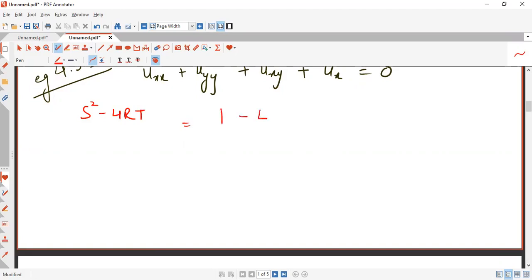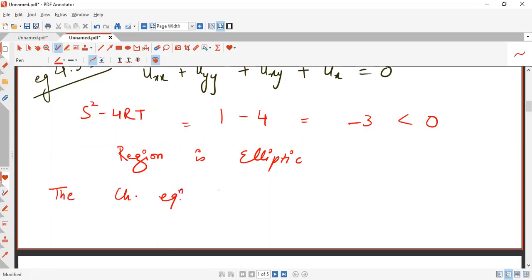In fact, 1 is the coefficient for all the three values, right? Region is elliptic. What are you going to do? Find out the characteristic equation, which is r lambda square plus s lambda plus t equals to 0. It will become lambda square plus lambda plus 1 equals to 0.